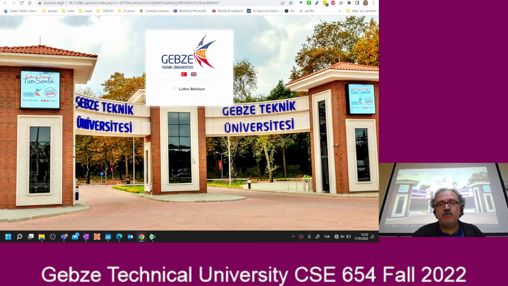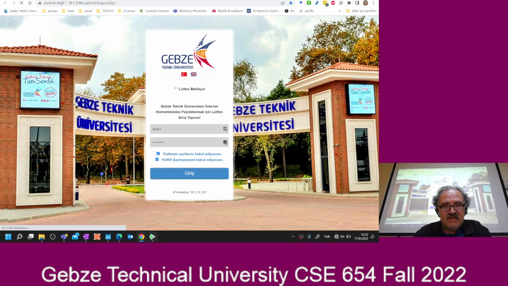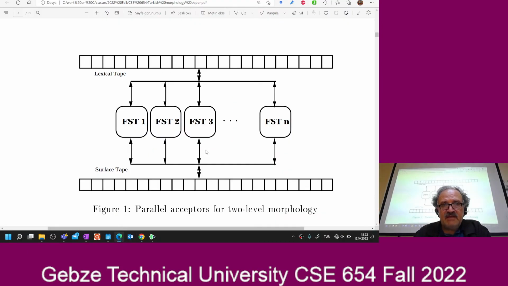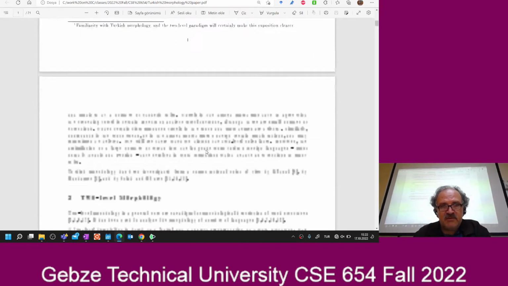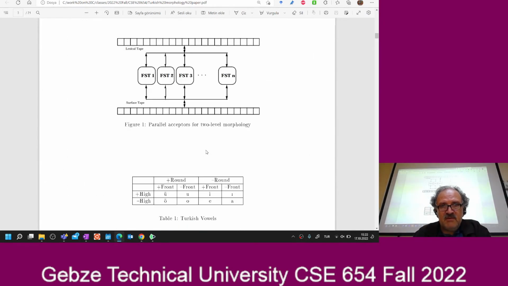That paper is more than just the Turkish morphology. It talks about the Turkish sounds too. Remember, at the beginning it says these are the Turkish sounds we produce, we use.